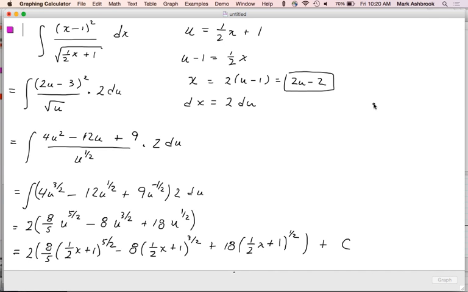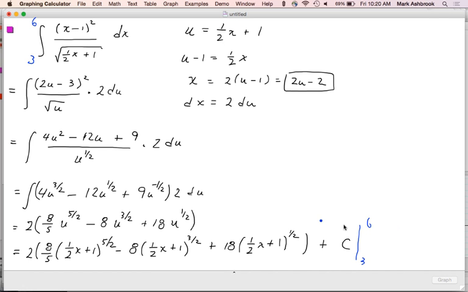Other questions? Okay, what if this was a definite integral? So let's talk about definite integrals. Suppose this was from 3 to 6. You actually have 2 options here. Of course, we could just get this final antiderivative and then evaluate it from 3 to 6, just like we always do.